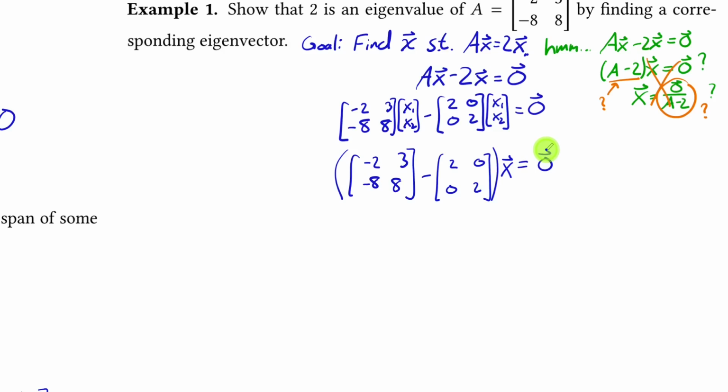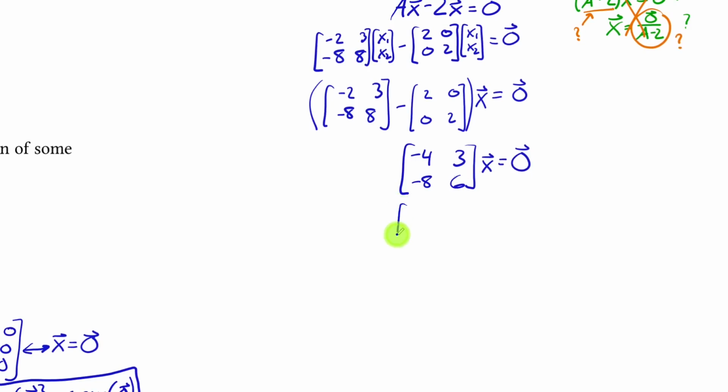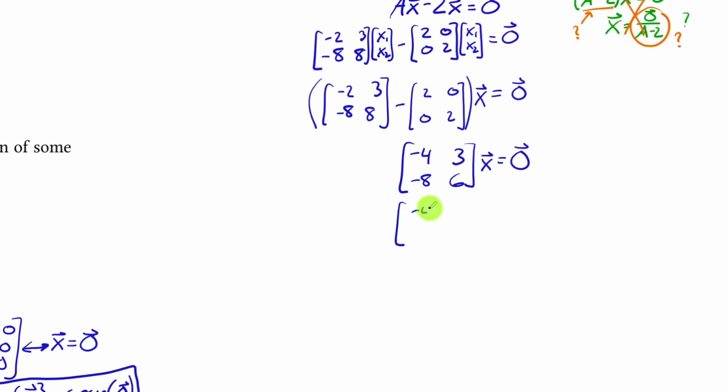And we could then just subtract the two matrices here, and we have a regular old homogeneous equation like you just solved in the warm-up. So negative 2 minus 2 is negative 4, 3 minus 0 is 3, negative 8 minus 0 is negative 8, and 8 minus 2 is 6. And so this is equivalent to the system of equations with augmented matrix like so.